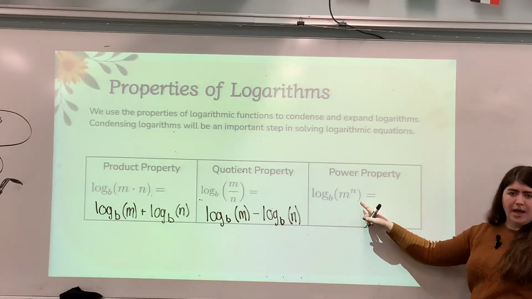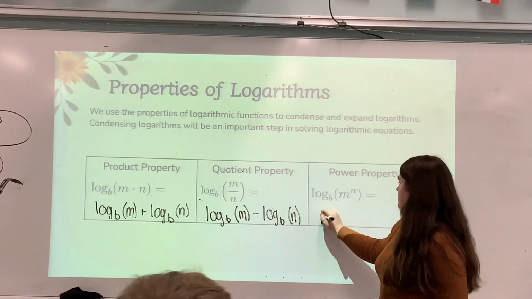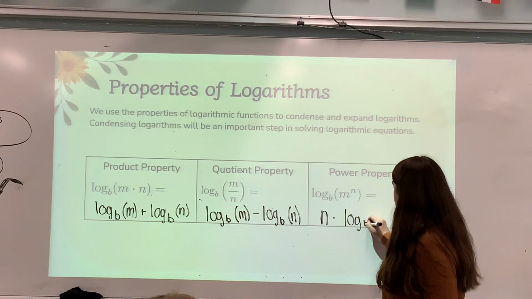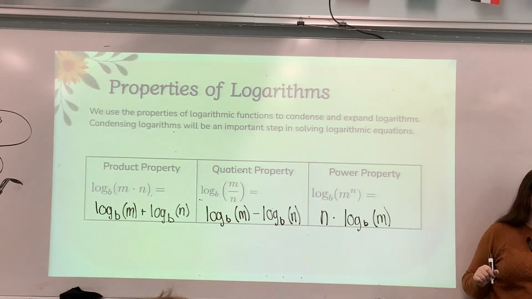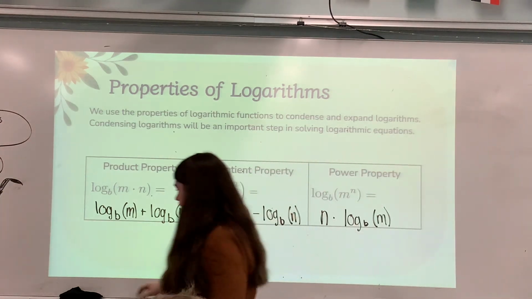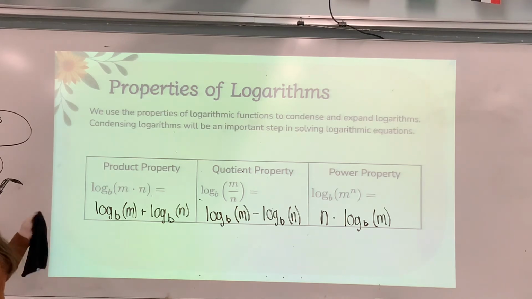And then if we have a power, we put n on the front times log base b of m. So yeah, it's just like exponents. That's the pattern, because they technically just are exponents. They need to have the same base.